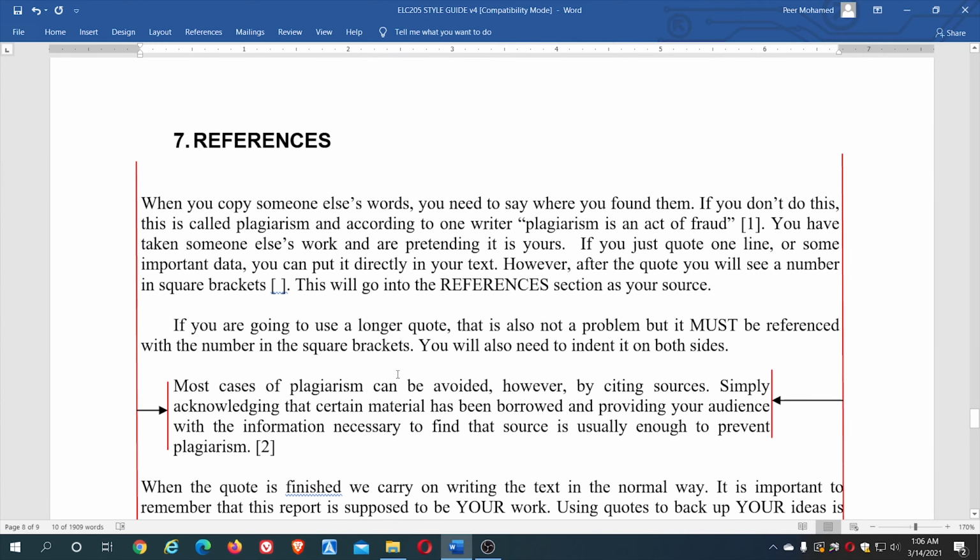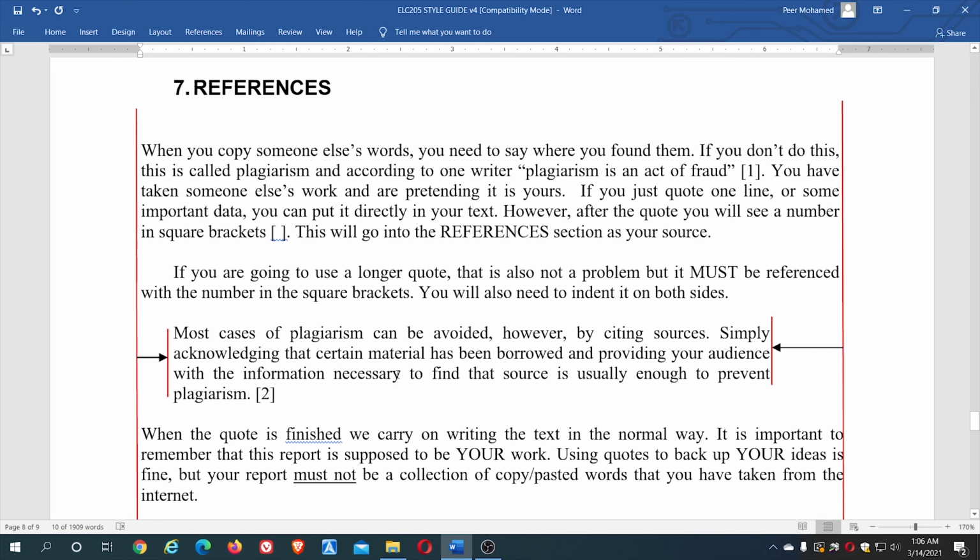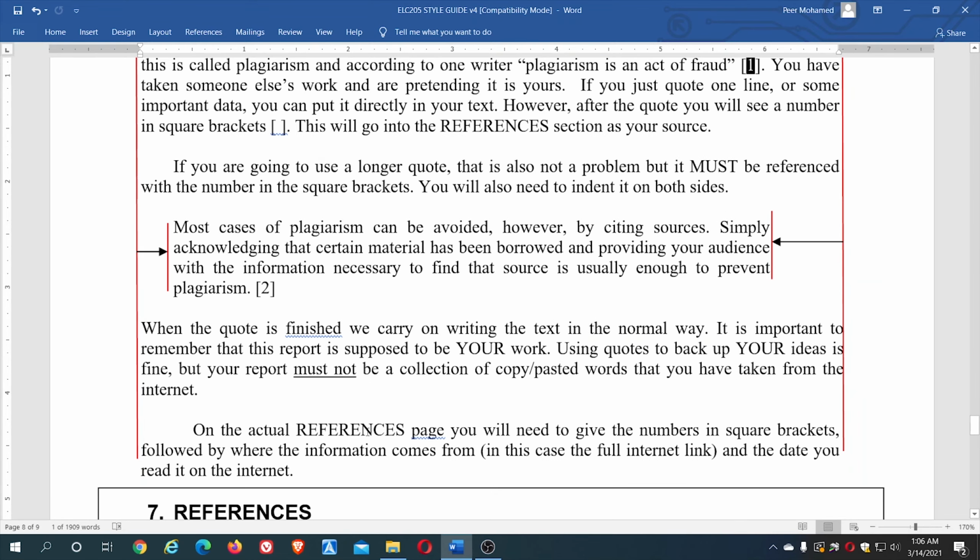The next one is the reference, gentlemen. Whenever you are writing a project report or technical report, you will take references from some other writer or some other technician or scientist. So whenever you are taking information, don't forget to refer to it. Put a number like this, number 1, and in the end you give number 1, what the source is.